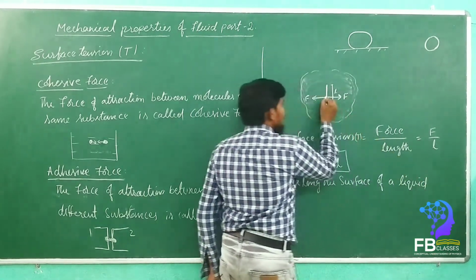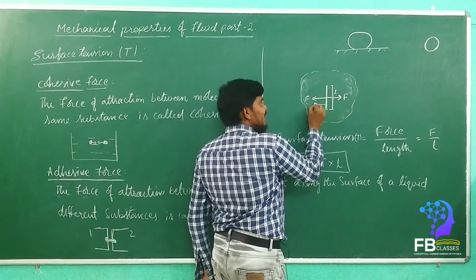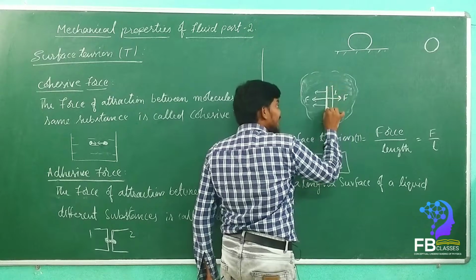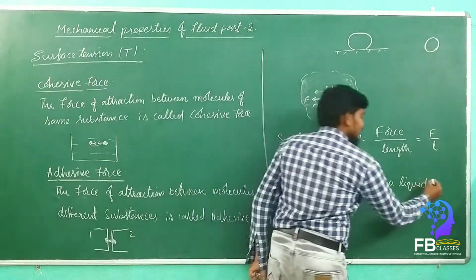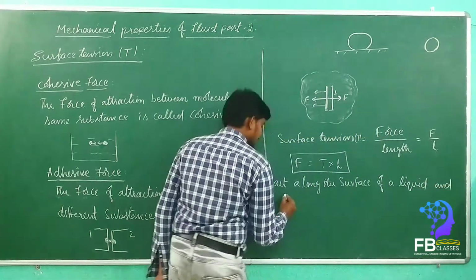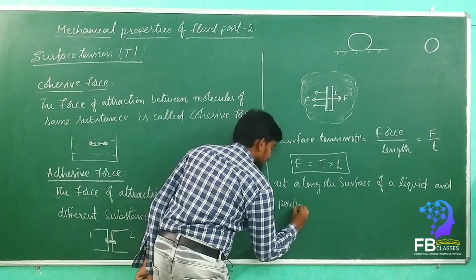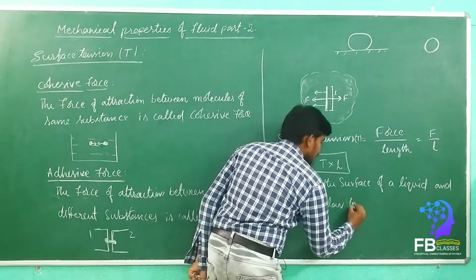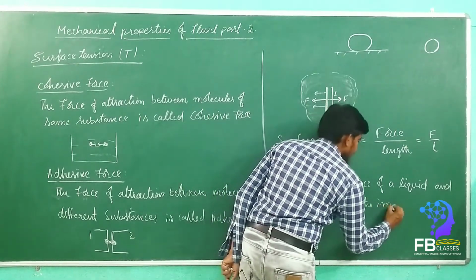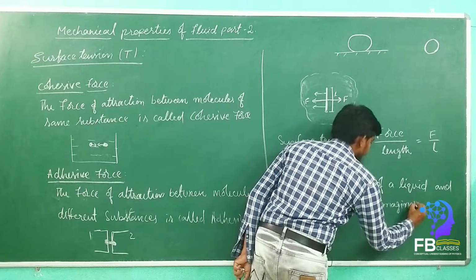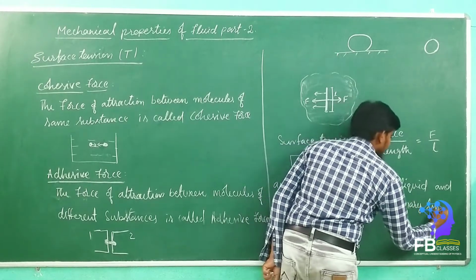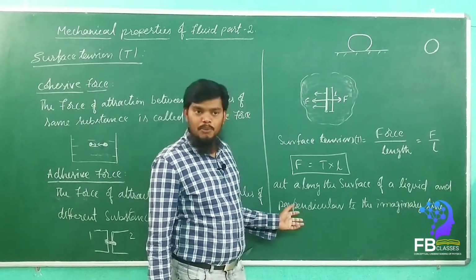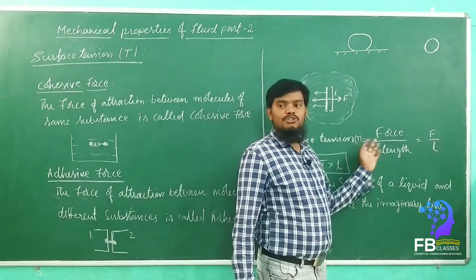See here, this is the surface of a liquid, and it acts along the surface of the liquid and perpendicular to the imaginary line. This is the direction. Are you getting my point? Then what is the SI unit for surface tension?